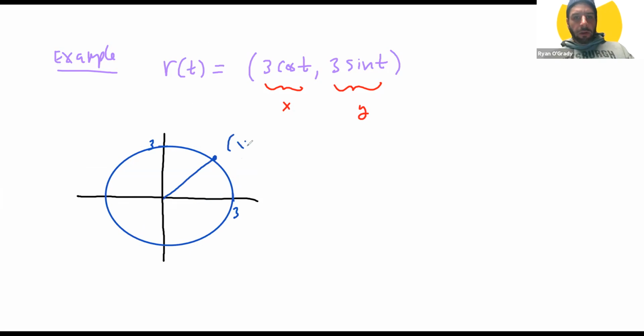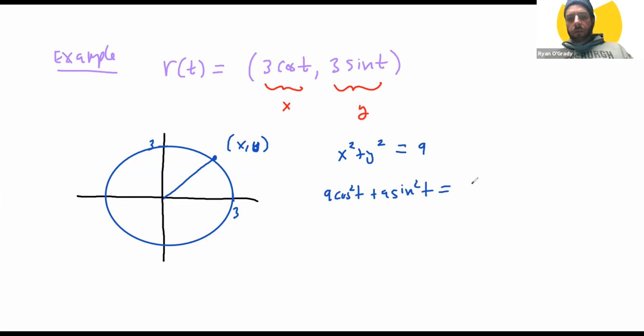We'll pick any point on here, x comma y. What do you know about these points? Well, they satisfy x squared plus y squared equals the radius squared, which is 3, so that's 9. Now plug this in, you get 9 cosine squared plus 9 sine squared, which is in fact equal to 9. So this is a circle of radius 3.